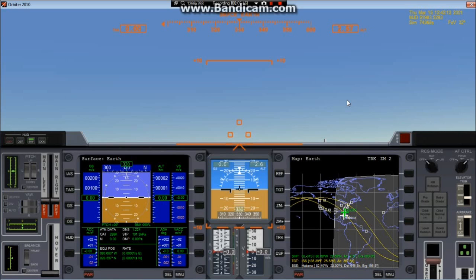Cosine of 320 degrees yields the longitude difference. 26.97 degrees, sine of 320 degrees yields the change in latitude. So we have 26.97 multiplied by the cosine of 320.